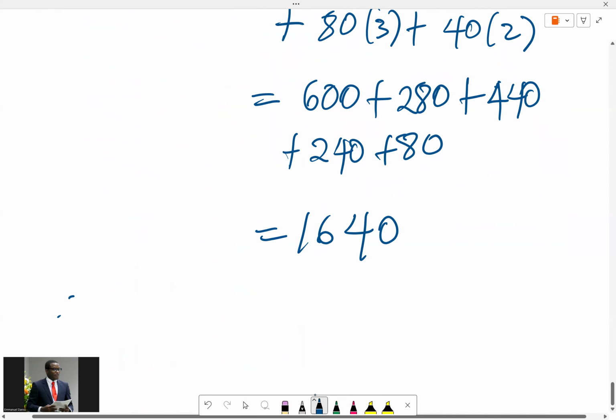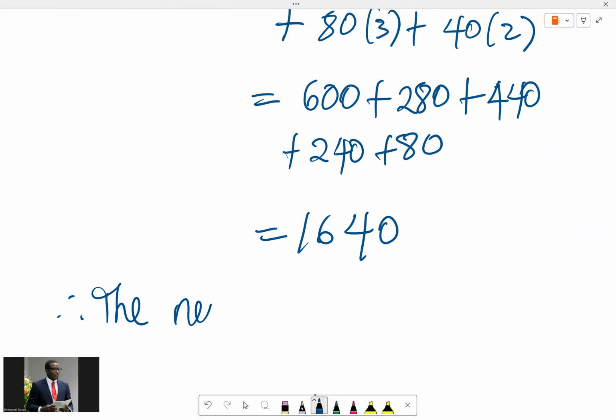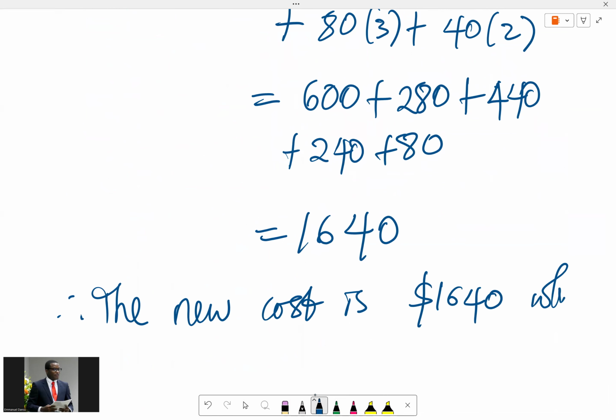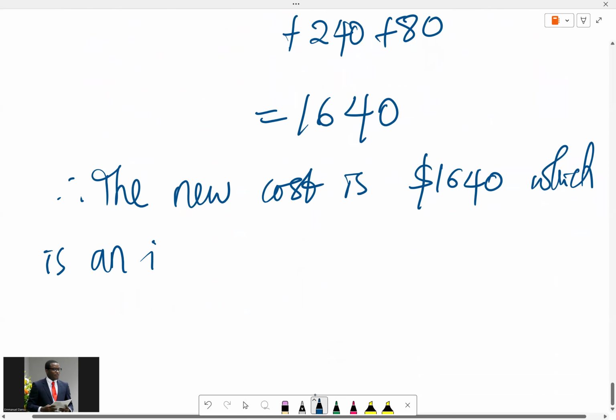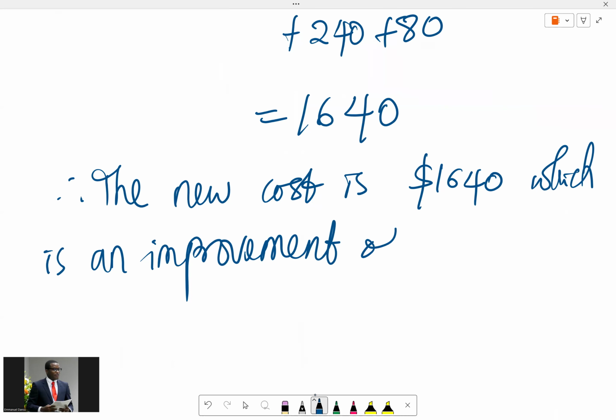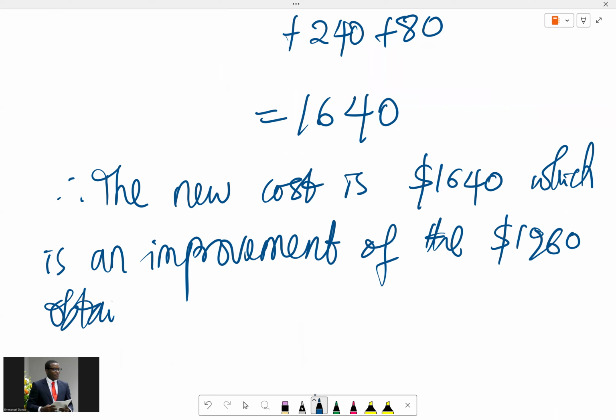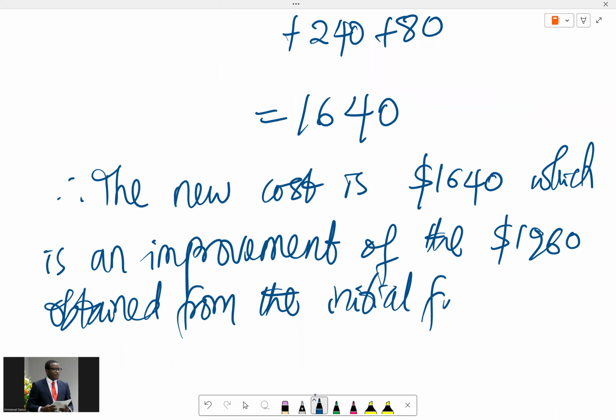Therefore the new cost is $1,640, which is an improvement on the $1,960 obtained from the initial feasible solution.